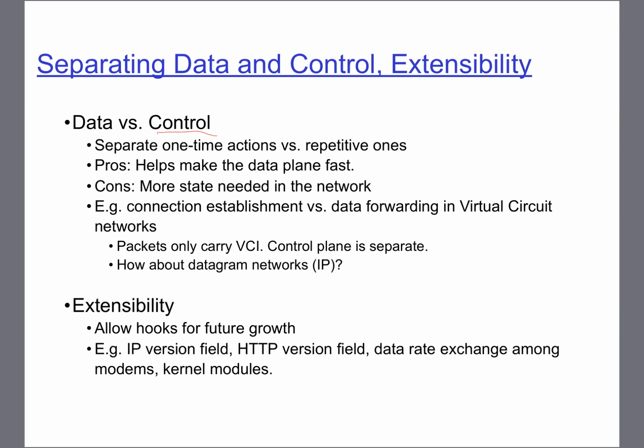So there's a control aspect. There's a control plane and a data plane, or policy versus implementation, and these are usually separated. Whenever you design a system, it's always a good idea to separate policy and implementation, or data and control. There's an additional example in networking, where virtual circuit establishment has similar concepts.